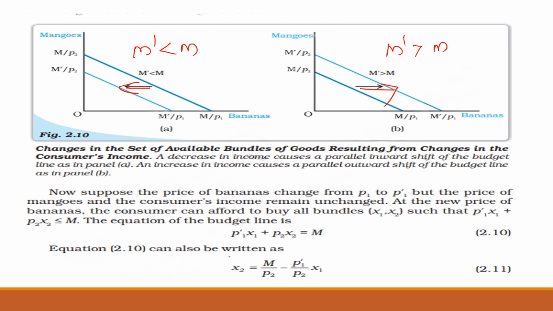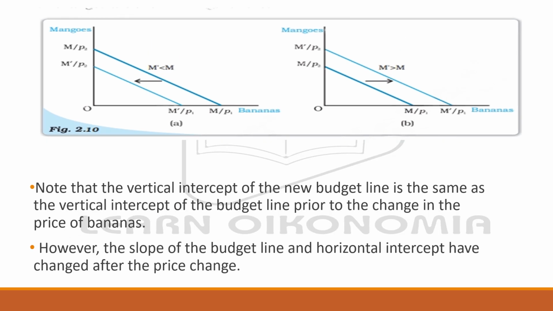This is something we have considered earlier, so for the same reason I am not considering it again. Now just consider the vertical intercept of the new budget line. This is the same as the vertical intercept of the old budget line. With respect to the price of banana, the slope of the budget line and the horizontal intercept have changed after the price change.